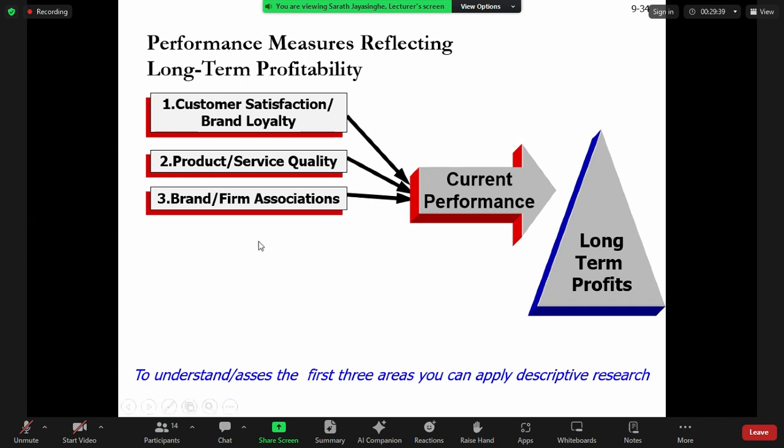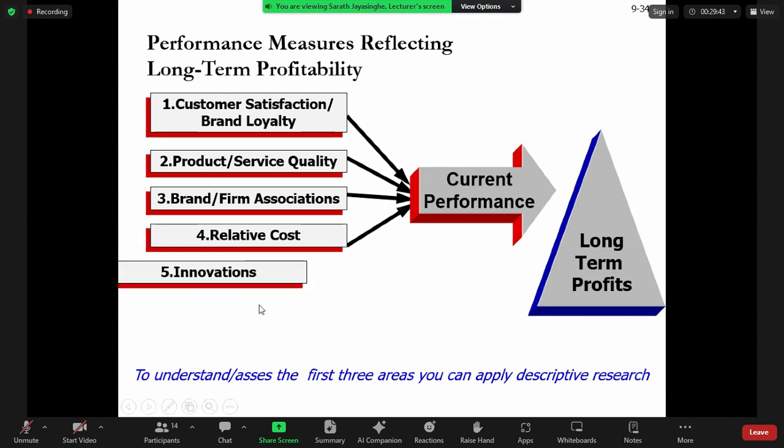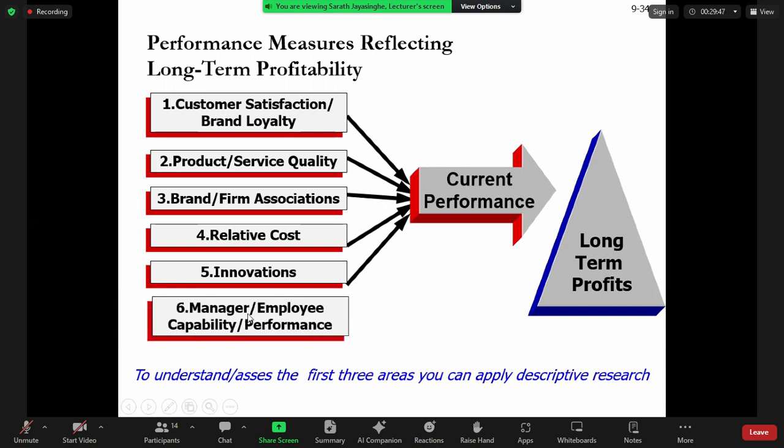Brand association. And then relative cost is there, and then innovation and manager employee capability of performance, right? These are the things. So these will improve the current performance and also long-term profits.